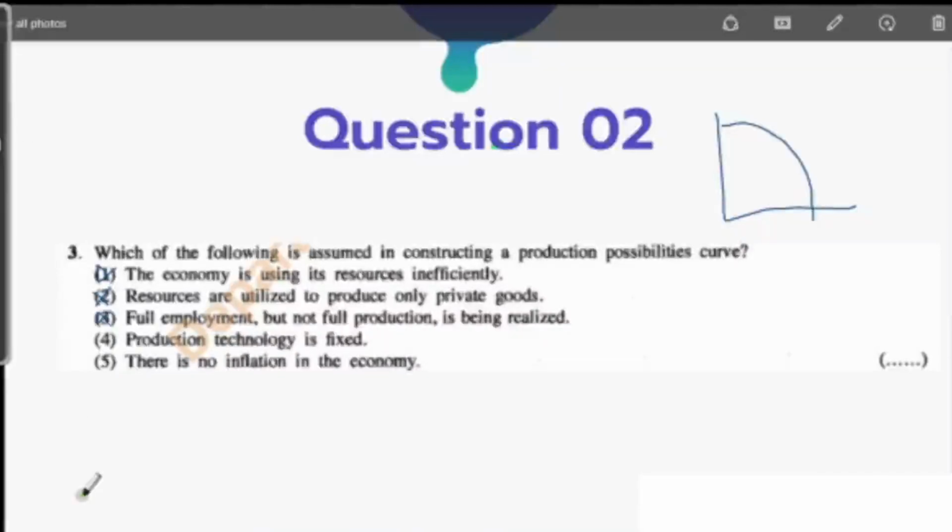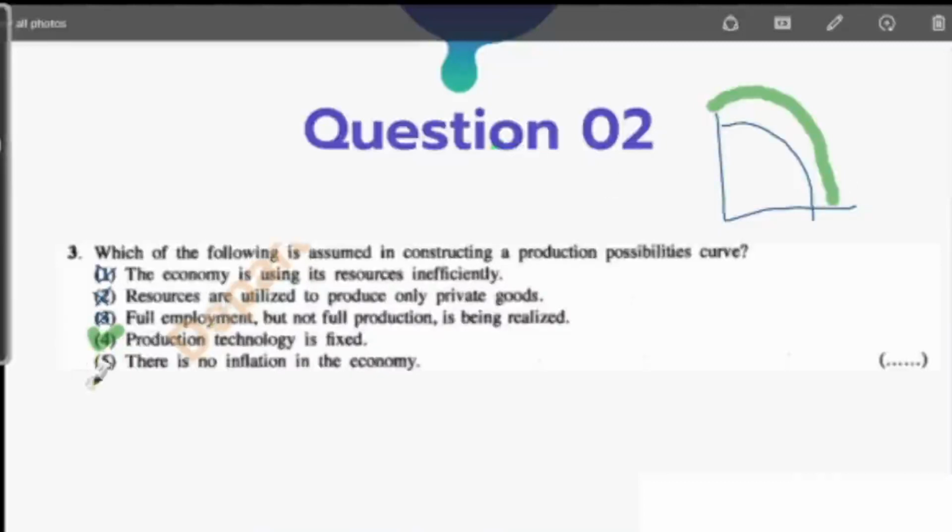Look at the fourth statement. Production technology is fixed. That is one of the assumptions we make because we all know when the technology is developed, that can even shift your PPC rightward because technological developments or advancements can increase efficiency of the economy.